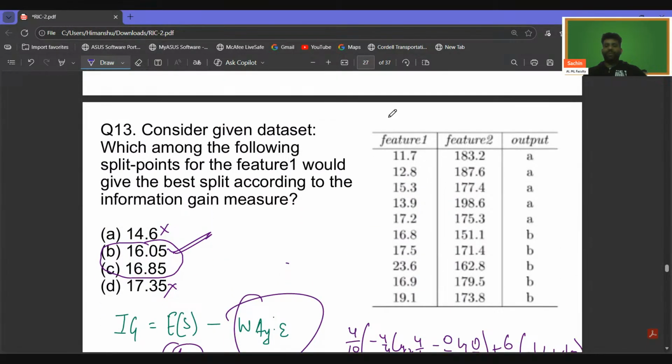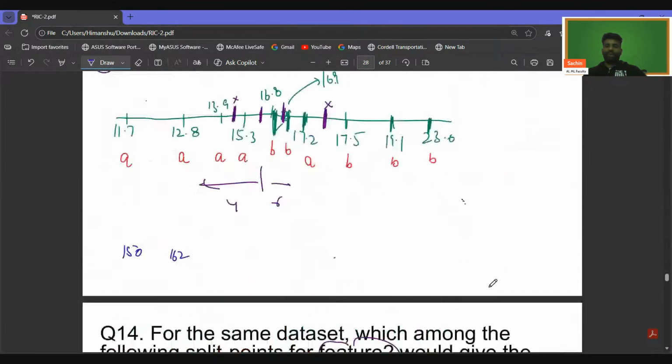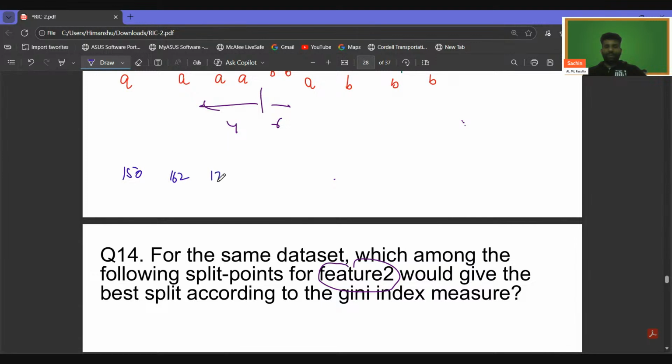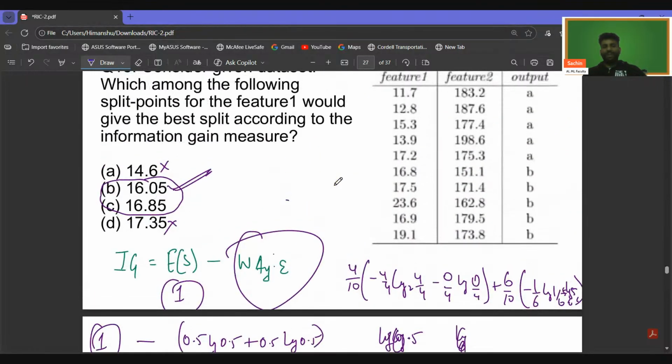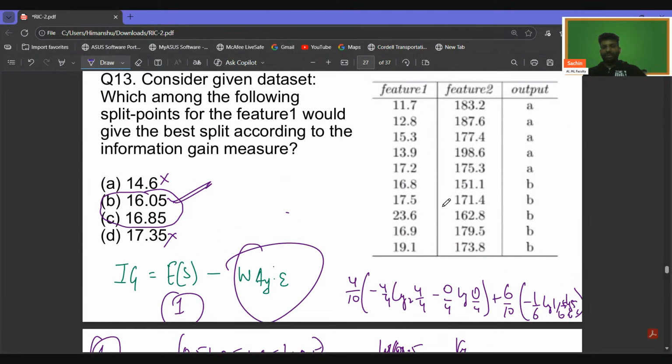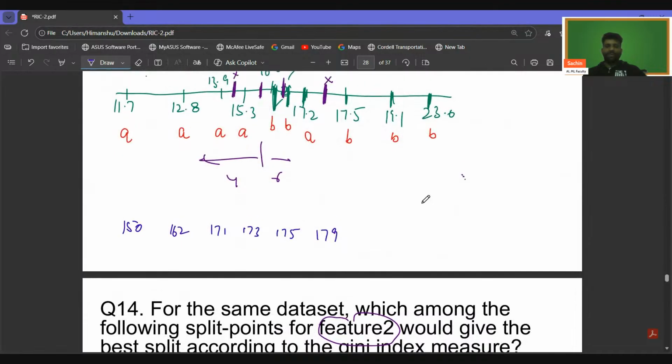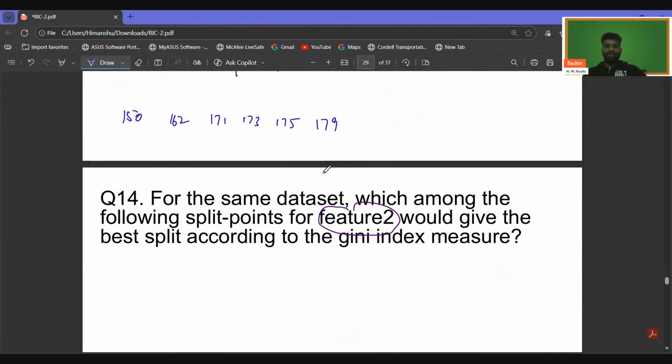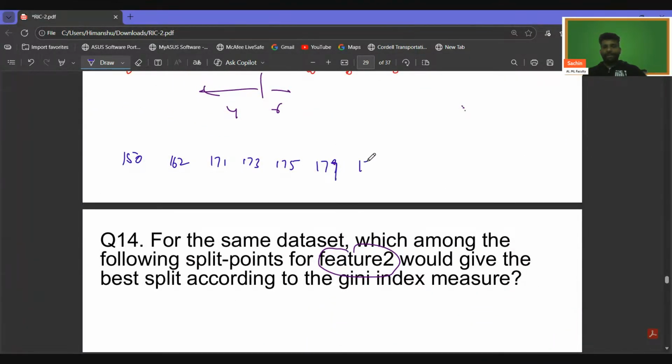After that, within the 170s, what we have is 171, 173, 179, 175, 177. So I guess all the odd values: 1, 3, 5, 7, 9. All the odd values. 171, 173, 175, 177, 179.